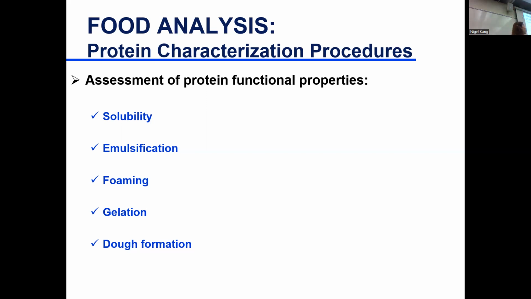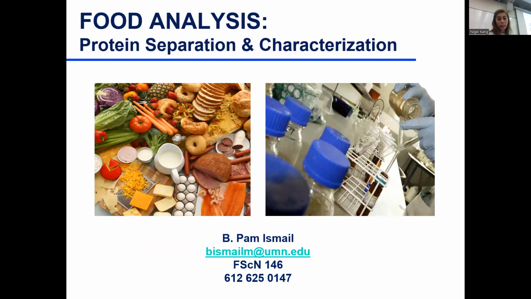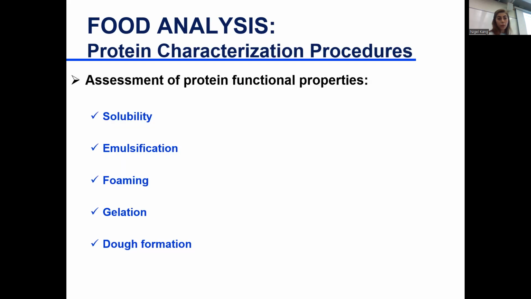That network is really, really important for us to have a stable dough and have good properties in our bread, so it doesn't get dry over time. I think that's it, and we are done with protein characterization.